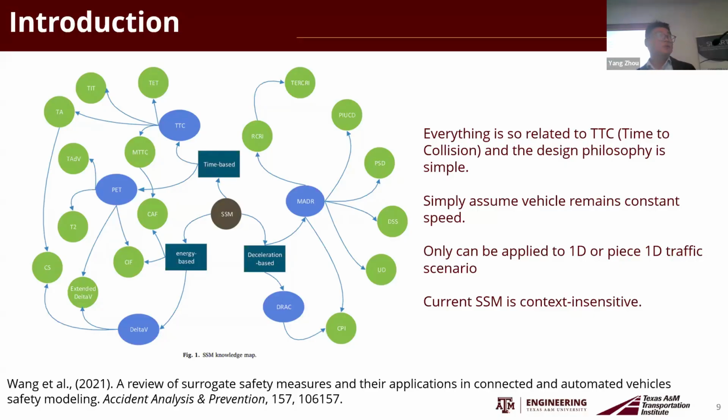It simply assumes that a vehicle remains at a constant speed, and usually those time-to-collision metrics can only be applied to one-dimensional or piecewise one-dimensional traffic scenarios. As I also mentioned, the current surrogate safety measures are context insensitive.